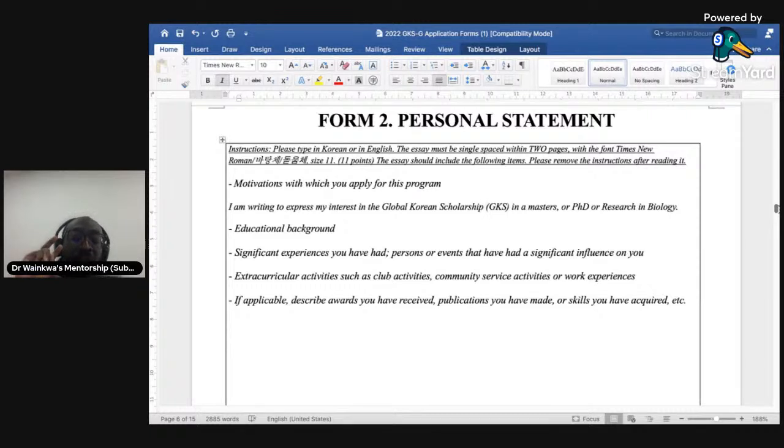I make sure I check what the objectives and the target of this scholarship are. Because when you read about the target of the scholarship, you're definitely going to find out what the scholarship organizers are looking forward to.